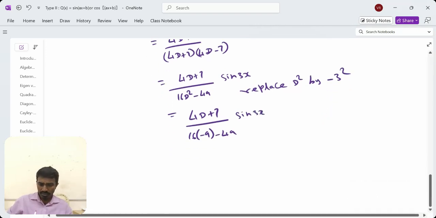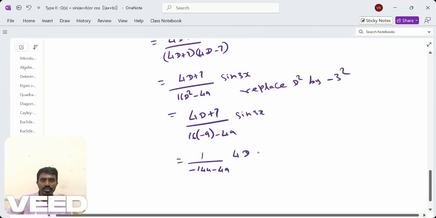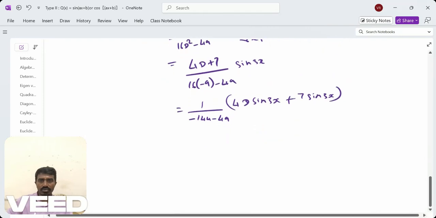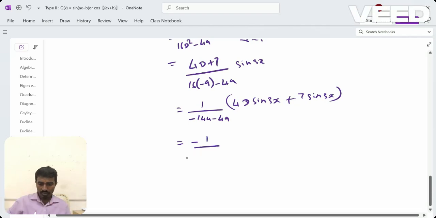If you simplify the denominator, then what you may get is 16 into 9, so minus 144 minus 49, and in the numerator 4D sine 3x plus 7 sine 3x. If you simplify, then you get minus 1 by 193.